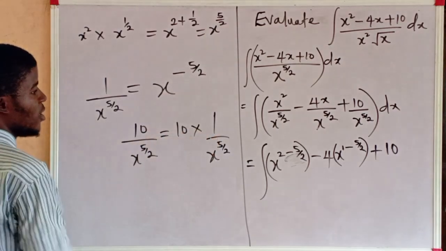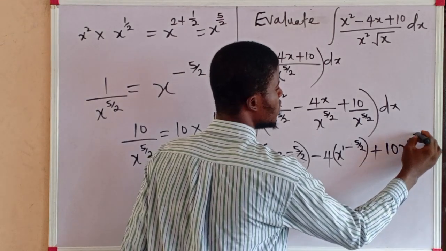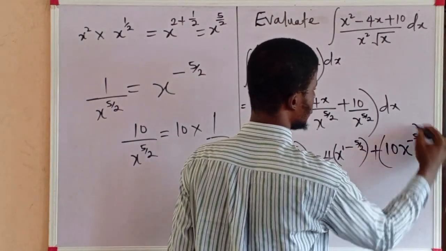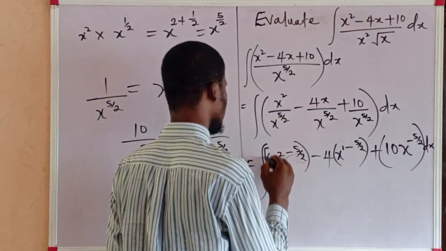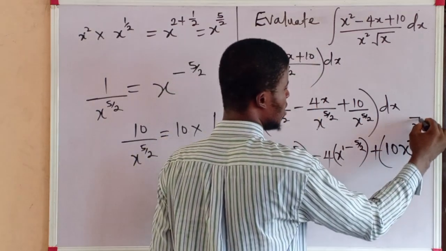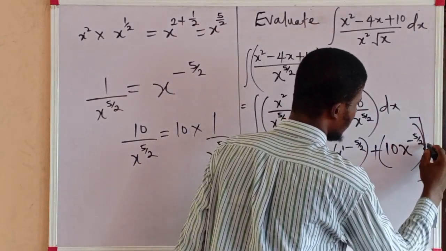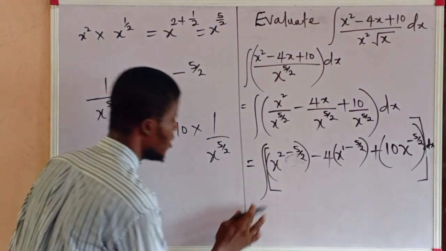So times 10, that will be 10 into x^(-5/2). The integration is with respect to x, so let me put the dx here. I can put everything in the bigger brackets to show that I am integrating all of them with respect to x. Okay, so let's simplify now.